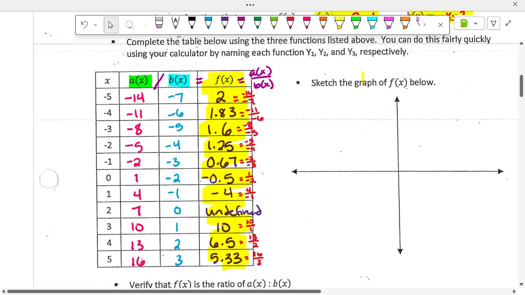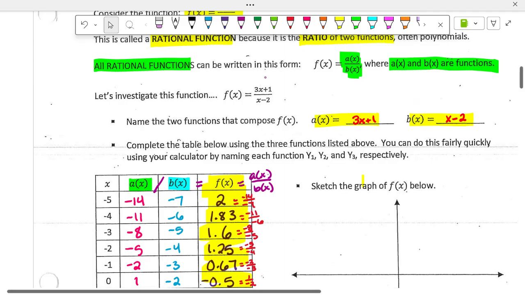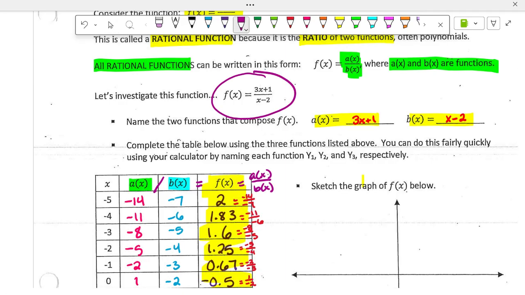Now, here's my question. Why do we get undefined at x equals 2? Because you'd be dividing by 0. If I look back at the original function, does it make sense when x is equal to 2 for it to be undefined? If you look at the 3x plus 1 over x minus 2, does that make sense?